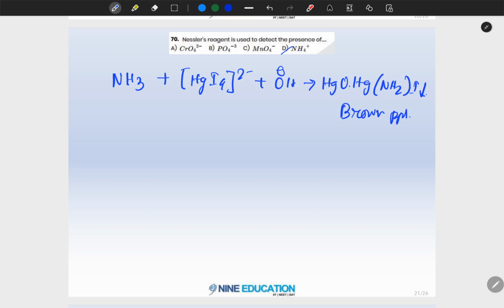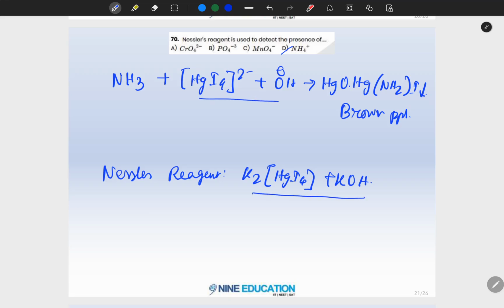Let me write down the reagent as well for your convenience. K2HgI4 plus KOH is the Nessler reagent, right? This reagent will react with any ammonia containing compounds, and we will get a brown precipitate. The formation of this brown precipitate actually indicates the presence of ammonia in the reactant. Now let's proceed to the next question over here.